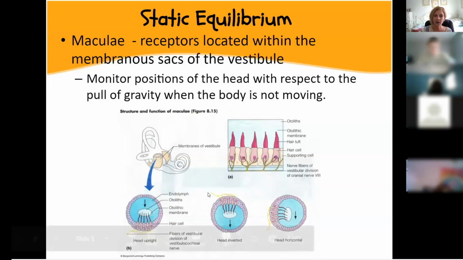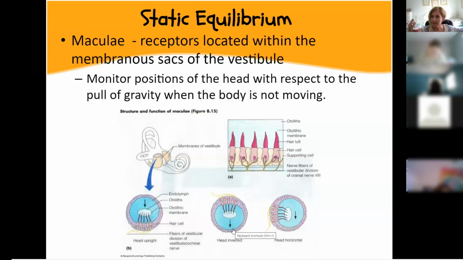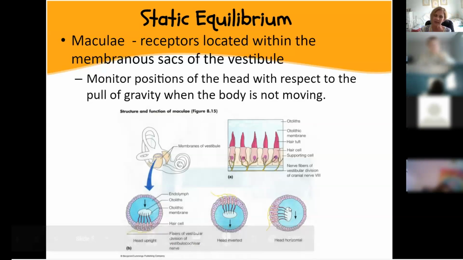So if you're standing on your head, they'll drop away from the hair cells, releasing the pressure. That sends a signal to your brain as to the direction your head is facing. If you were standing on your feet, the otoliths would press directly down on the hair cells. If you were horizontal, they're going to bend the hair cells in one direction or the other, depending on which way you're facing.